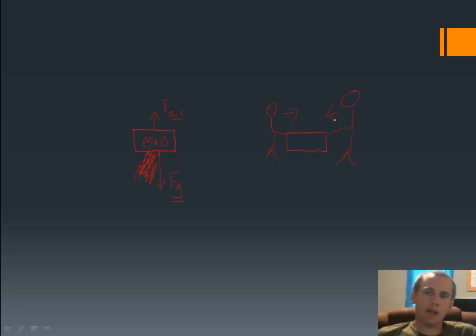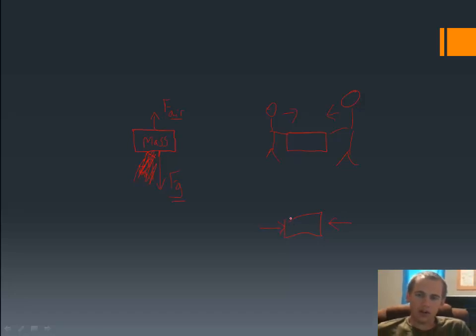You want to draw a free body diagram of that. You do not draw the arrows pointing this way and this way. You don't draw arrows into things. You draw arrows on things pointing in the direction of the forces. So there's that force, there's this force.